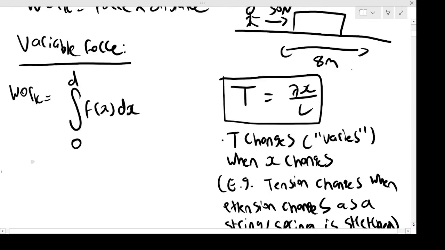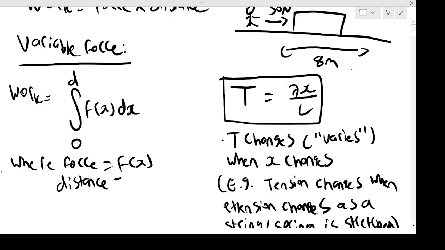So my force is now a function. My force is f of x, and my distance is this d, right? It's my limit here. So what I'm effectively saying is, the force is f of x. It's a function. It's going to vary with x then, right?